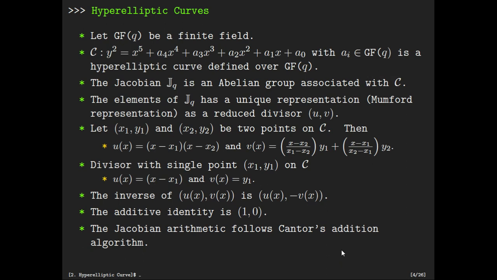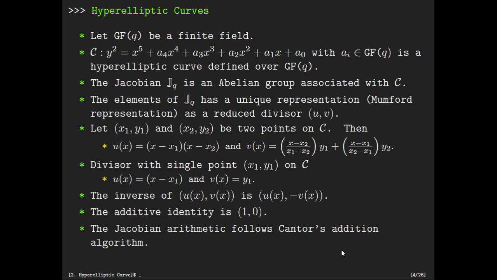So we have a 5-degree monic polynomial to represent the curve. The curve is defined over a finite field GF(q) which has characteristic not equal to 2. The Jacobian J(q) is the abelian group associated with the curve C defined over the field F_q.